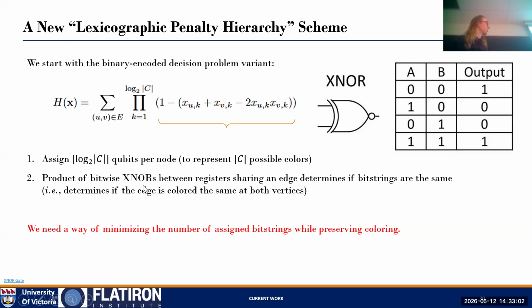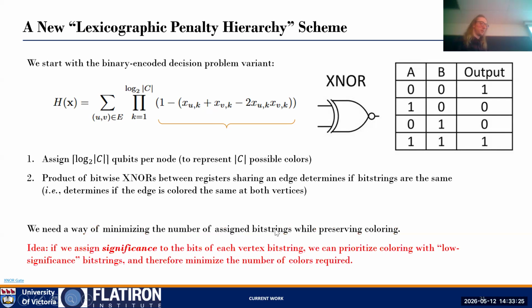And then the product of bitwise XNORs between registers sharing an edge determines bit strings are the same. So this product evaluates to 0 if the bit strings are different, and it evaluates to some positive number if they're the same.